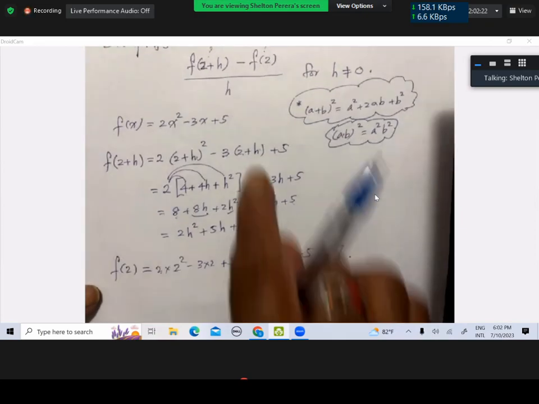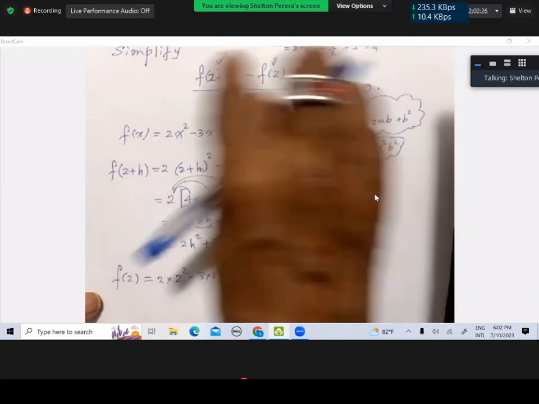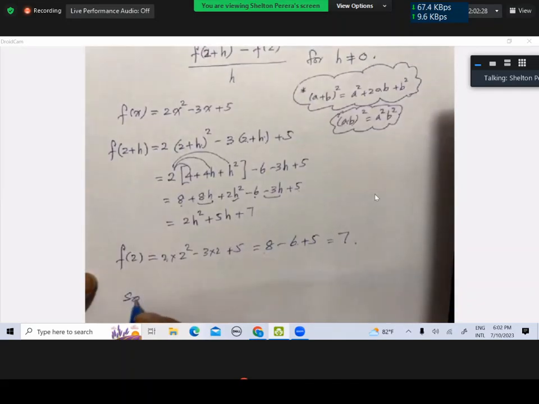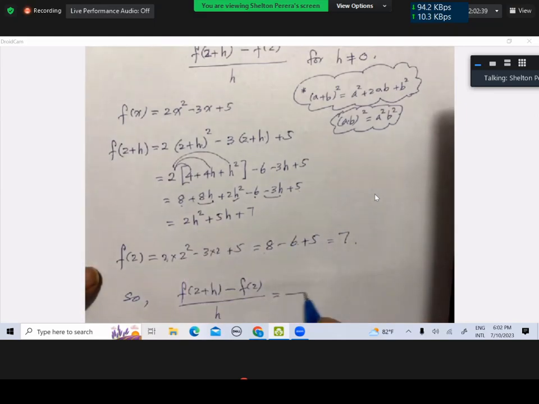Now we need to find, I know this now, so just simplify. So (f of 2 plus h minus f of 2) over h is equal to, here f of 2 plus h, draw the line, (2h squared plus 5h plus 7 minus 7) over h.